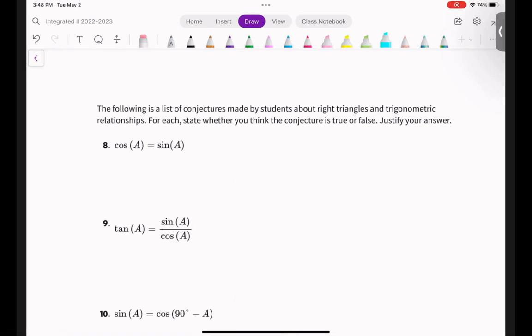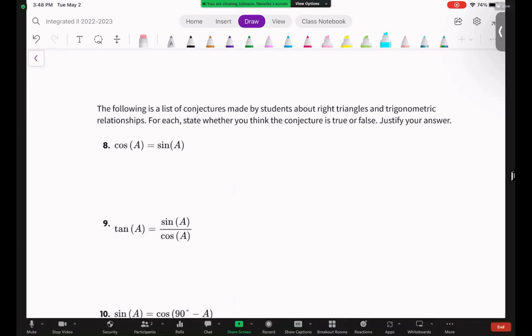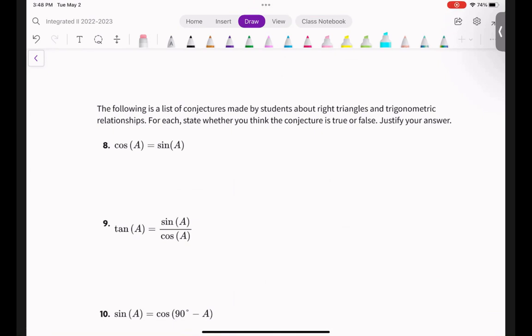So then the following is a list of conjectures made by students about right triangles and trig relationships. For each one, state whether you think the conjecture is true or false. So this first one, what do you think? Is cosine the same as sine? Do you think cosine and sine are the same?